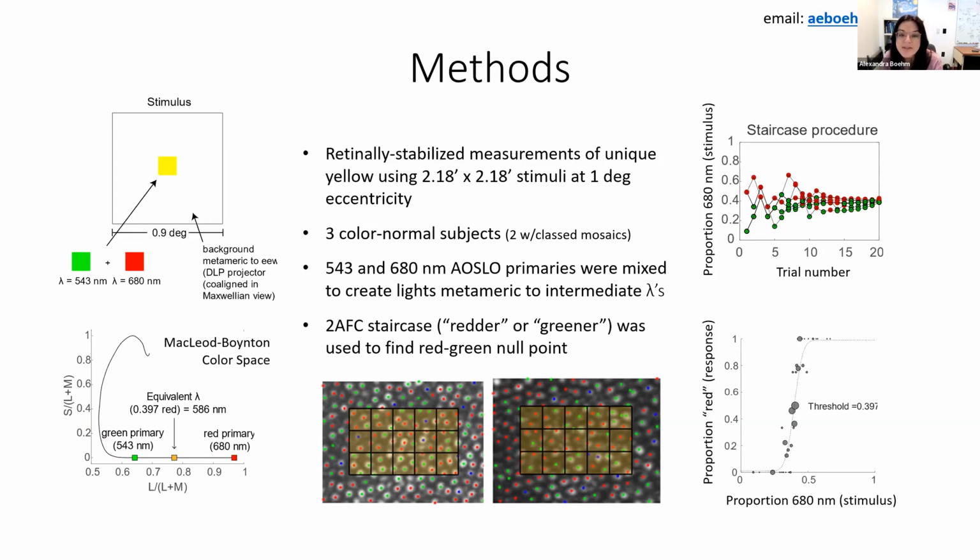During the experiment, we used a staircase method with a 2 alternative forced choice procedure where subjects indicated whether the stimulus appeared too red or too green on each trial. And the stimulus mixture eventually converged on an estimate of unique yellow. Then we fit psychometric functions to the data that we acquired for each stimulus location in order to have 15 estimates of unique yellow for each subject.